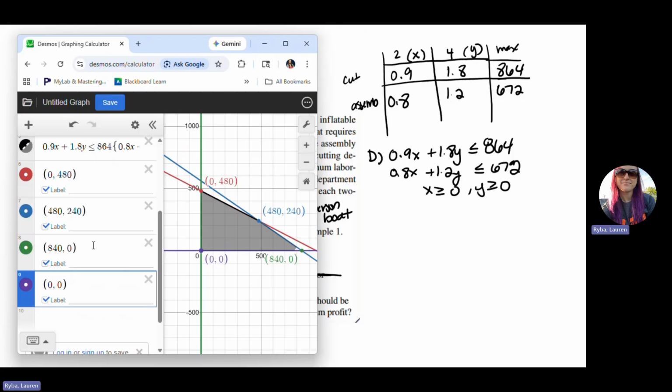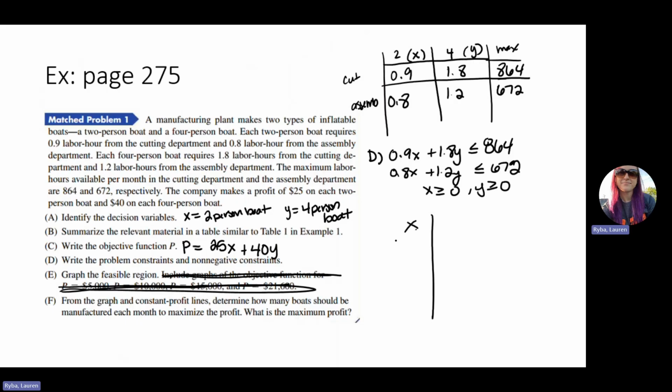No. When we go to check for our optimum solution, it makes no sense to plug in the corner point 0, 0. That means I'm selling no boats at all. I'm making no profit. So at that point, I'm not going to list in the next part that I'm going to do here. So I'm going to make a table, X, Y, and P with the points I do have aside from the origin.